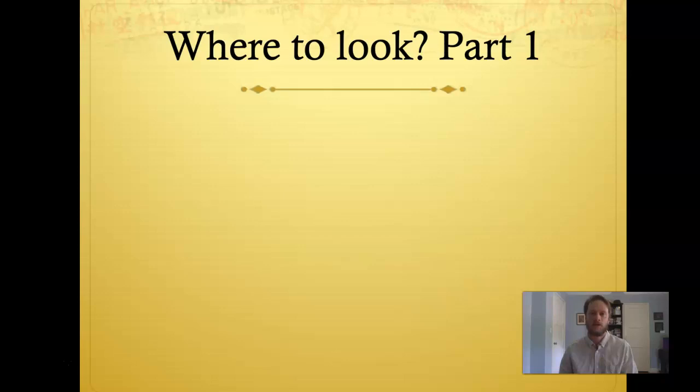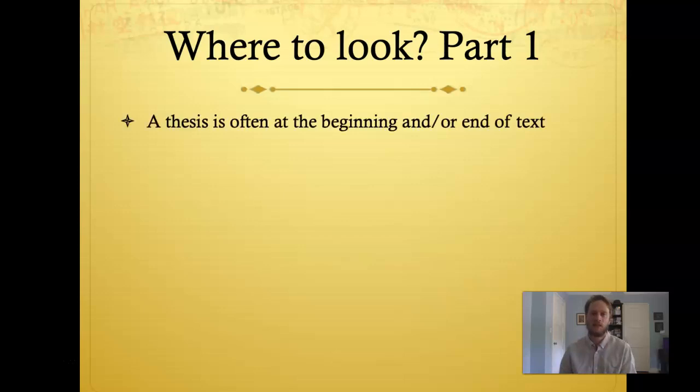All right, now that you know what it is, where can you find a thesis statement? As you know, a thesis is often at the beginning of a text, but it could also be at the end, and sometimes it's in both places if the author restates the thesis at the end.